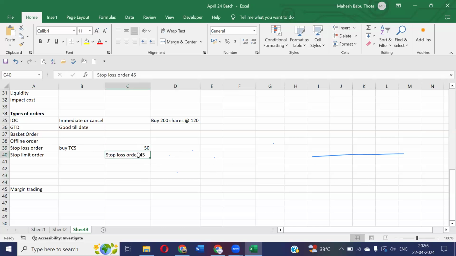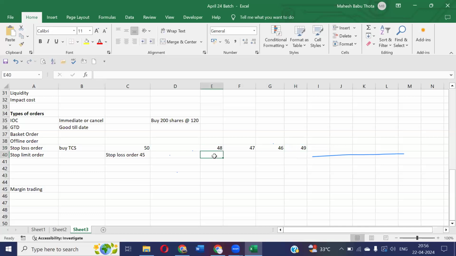But if it is not reaching 45, it won't go that far. So I can keep 45 as a stop loss order, as a trigger point. Suppose the share price comes down like 48, 47, 46, 49 or something, then it won't execute. The share will remain in my portfolio.